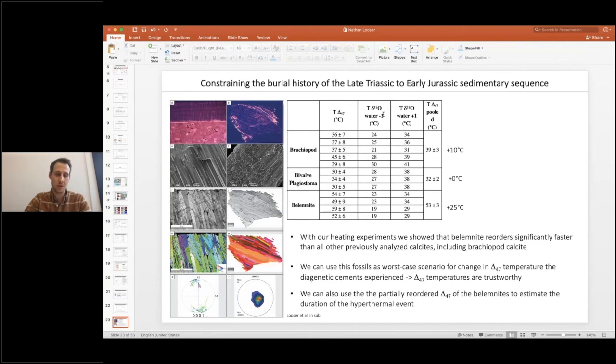That's why the whole ocean was more depleted in 18O. And then on the other hand, it was quite low latitude, so some evaporation. If we work then with delta 18O of around -1 to +1, we see that the reordering is around 10 degrees for brachiopods, none for the Plagiostoma, and around 25 degrees for the belemnites.